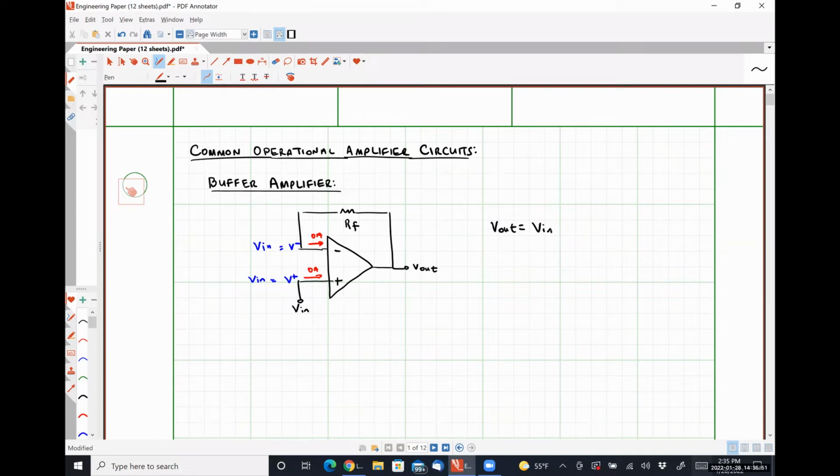Okay, so effectively, if you have a small signal that isn't able to deliver a lot of power to a particular load, you use this kind of amplifier to send that signal to a later stage, and it retains its characteristics while using the op-amp itself to provide power to the thing that you're driving, okay? This amplifier has a voltage gain, AV, which is defined as V out divided by Vin of exactly 1.